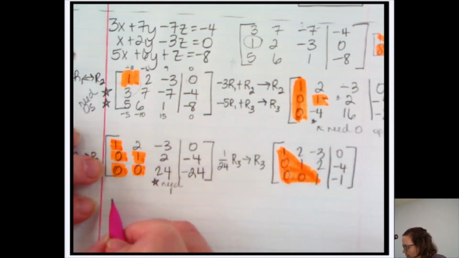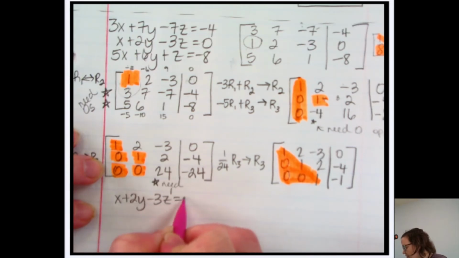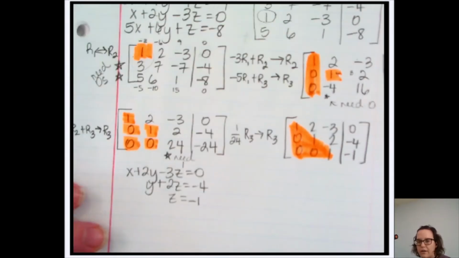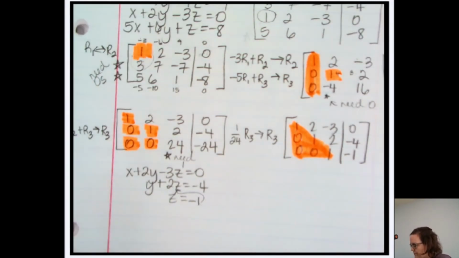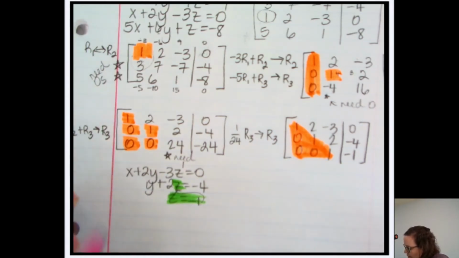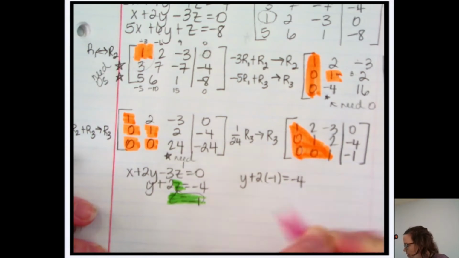And so now I can write this as x plus 2y minus 3z equals 0, and y plus 2z equals negative 4, and then I know that z is negative 1. So now all I have to do is back substitute. Okay, so we have y plus 2 times negative 1 equals negative 4.